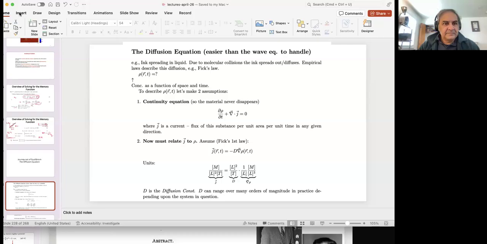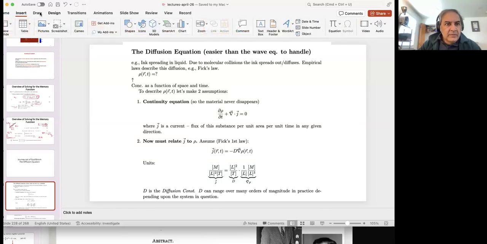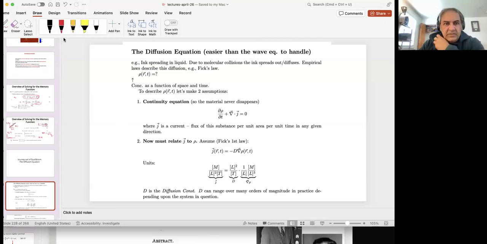So you see, this thing is called Fick's law. Fick's law has to do with how this diffusion coefficient behaves. And in this case, it is the density, some kind of a density as a function of space and time of the ink drop itself.